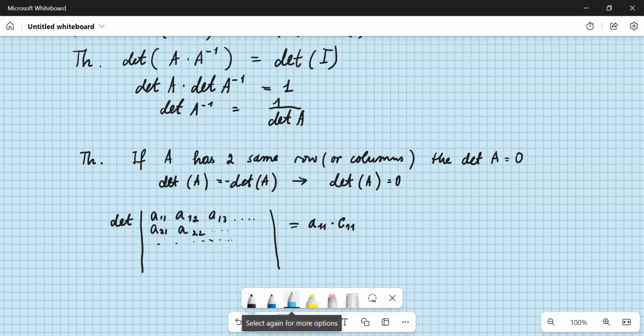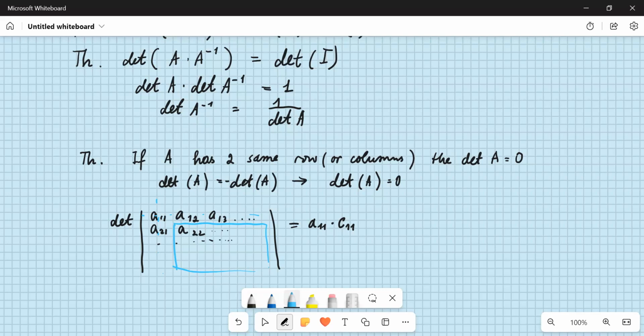Let me remind you, cofactors are determinants of the matrix which you get while you are crossing a certain element. For example, for A11, the cofactor is the determinant of the matrix which is left over after you cross out the row and the column of A11.